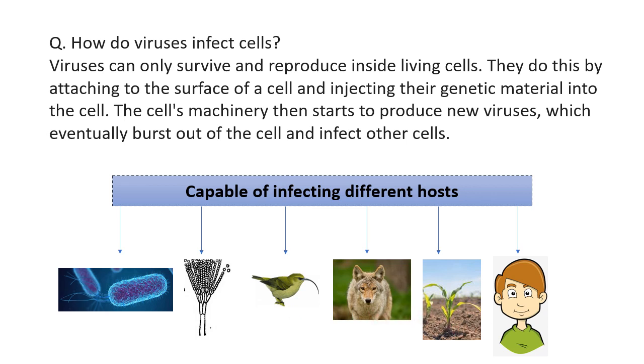So there are different hosts available for different viruses. That's the reason why we got COVID-19, which spread from bats to humans, right? They keep on evolving depending on environmental changes, and they reproduce and keep on growing.